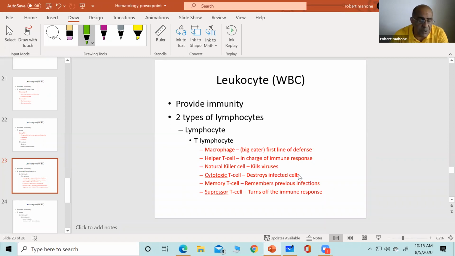Now, how do we use this to our benefit? Or how can we manipulate this system a little bit? Let's say that I hear that there's a virus going around infecting people.